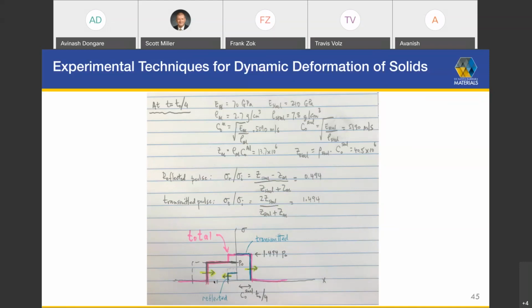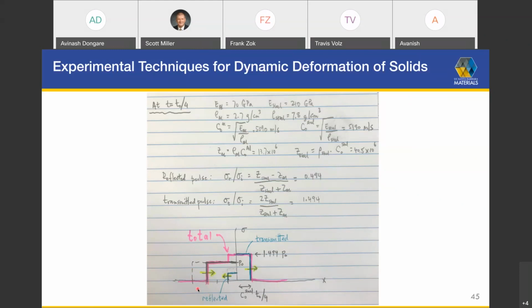So at some time, 1/4 of T naught, the wave would have moved 1/4 of the distance from where it was here at the trailing edge towards the interface to this point here. So the distance from here to here is simply the wave speed of the aluminum times T naught over 4.